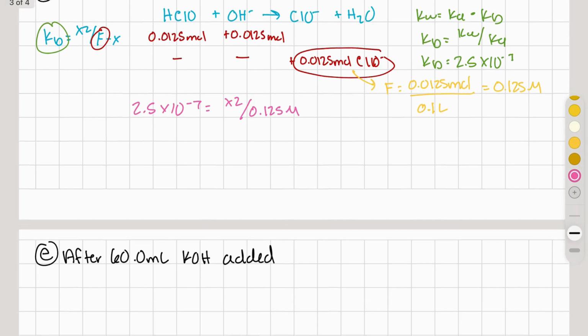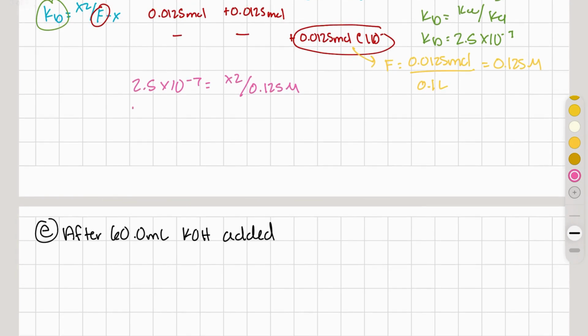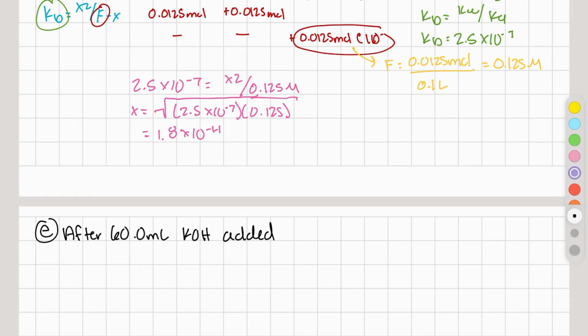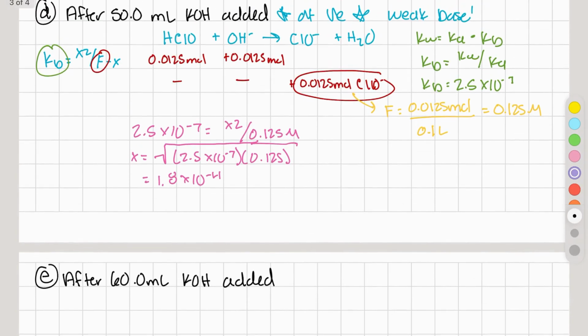Okay. And so from there, I can just say that x equals the square root of 2.5 times 10 to the negative 7 times 0.125. And that is going to tell me that x equals 1.8 times 10 to the negative 4. And remember, we have to remember what this x was.